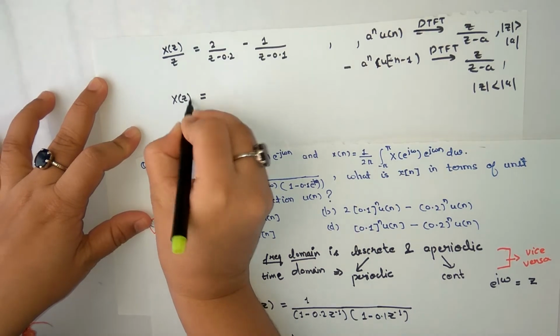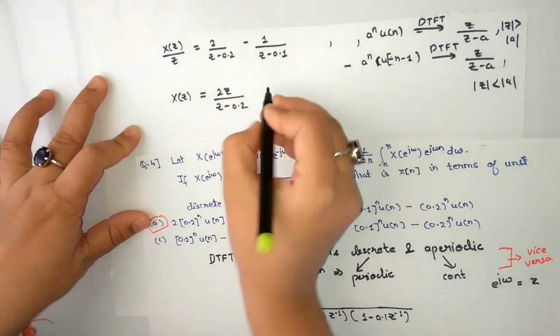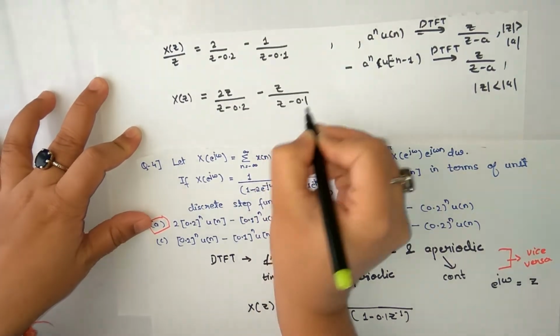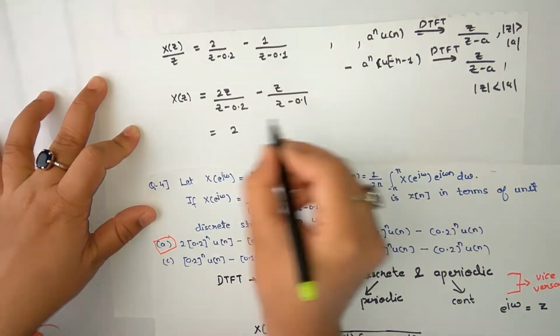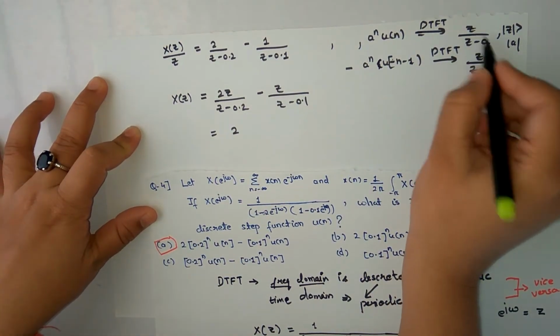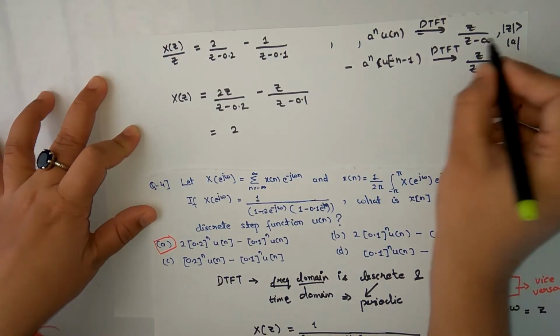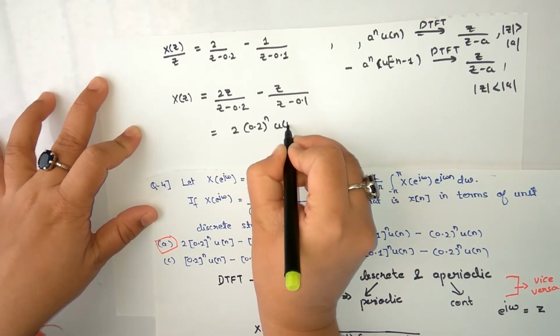So X(z) equals 2 times z upon z minus 0.2 minus z upon z minus 0.1, which will correspond to 2 as a coefficient, and comparing with the standard equation z upon z minus a, the a value comes out to be 0.2 raised to the power n u[n].